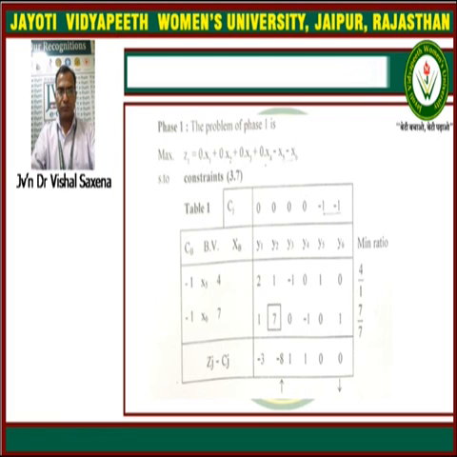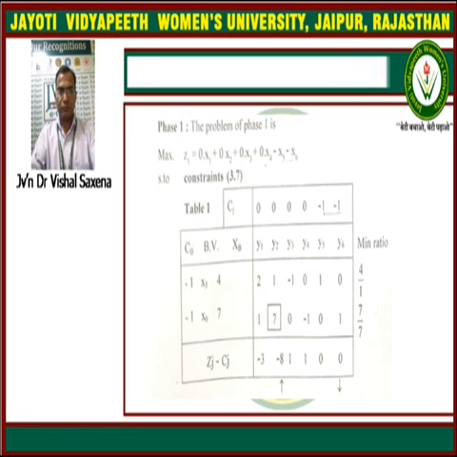Which is the most negative value here? -8 is the most negative value, and correspondingly y2 is the incoming vector. Corresponding to this we will find the minimum ratio, which is called xbr upon yrj. Because y2 is the incoming vector, it is 4 upon 1 and 7 upon 7.